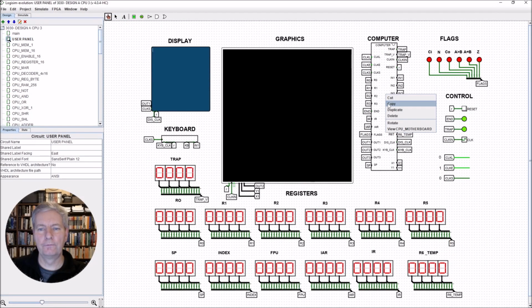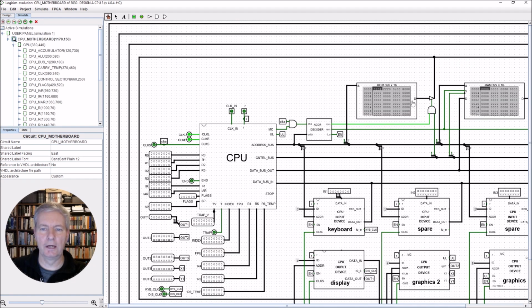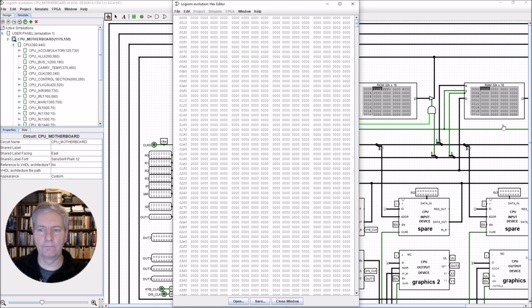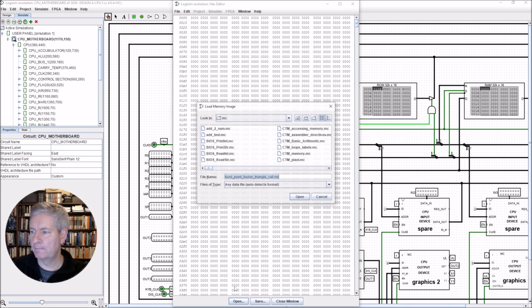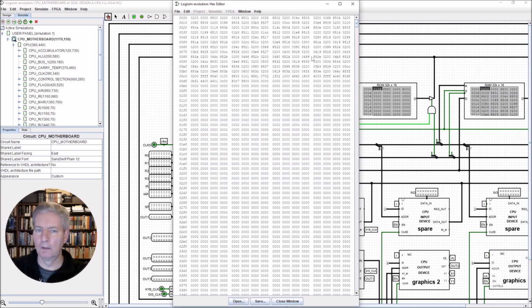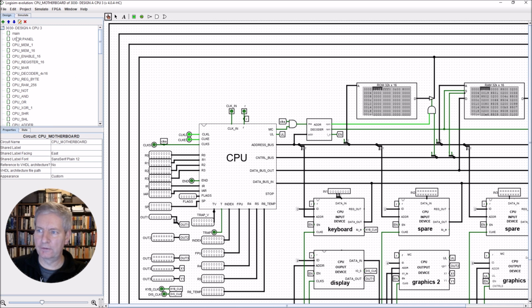I have loaded the Fourier series subroutine into the ROM, so let's go ahead and load the calling function into the RAM. So that's the calling function all loaded in. Now let's run the simulation.